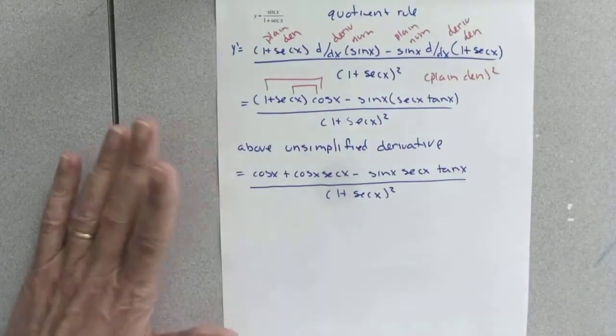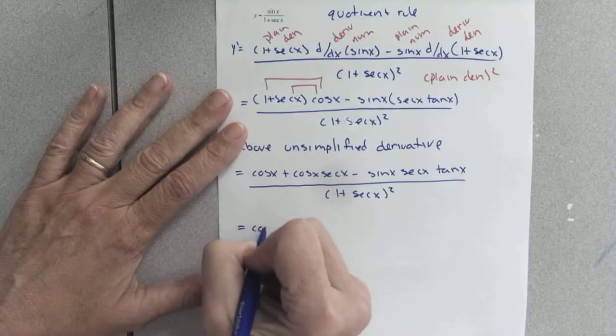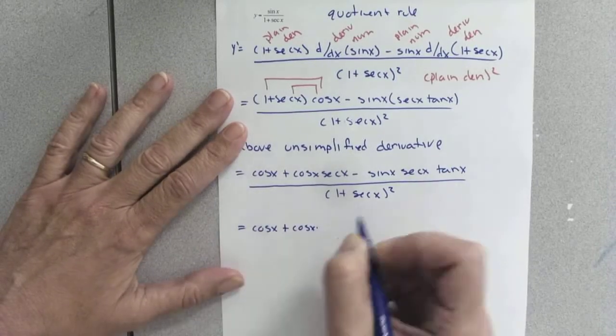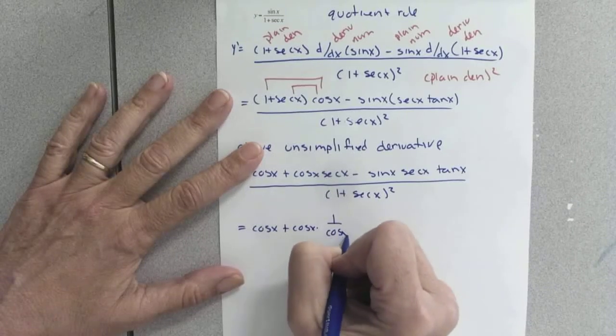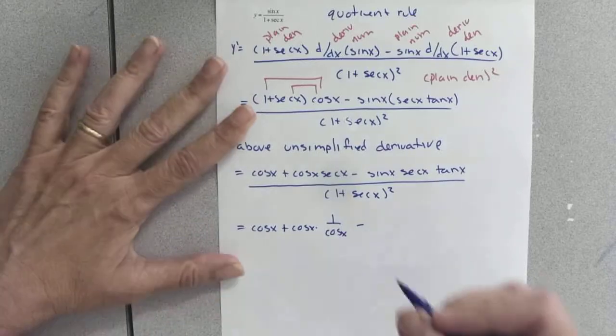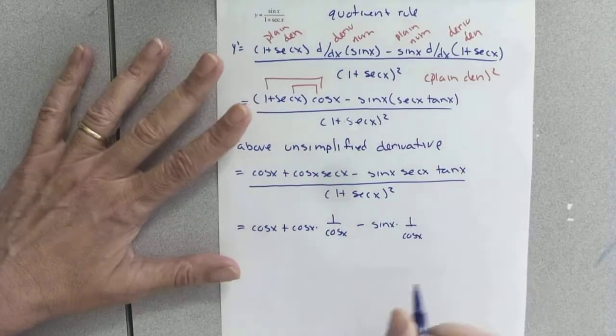Again, there's some basic trigonometry going on here, which is that secant is 1 over cosine. And we'll do that over here. Secant is 1 over cosine.